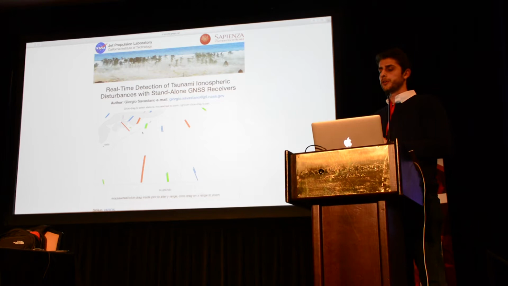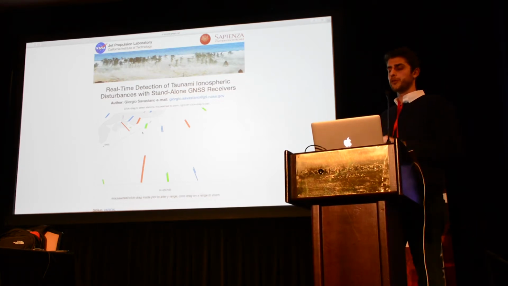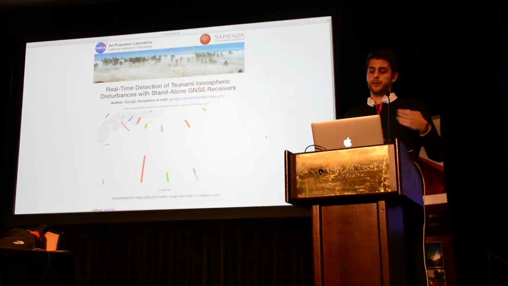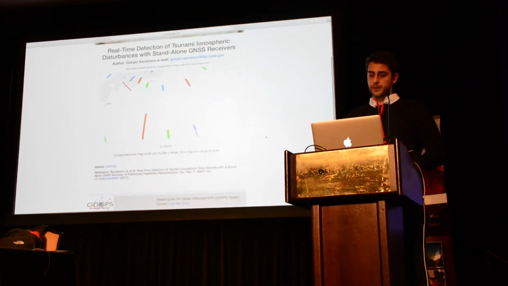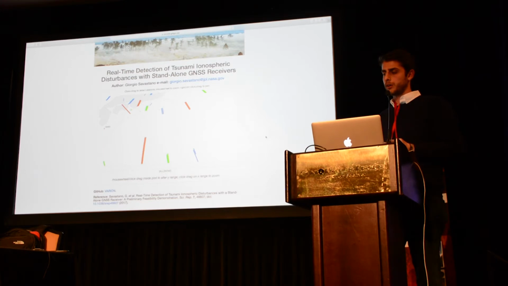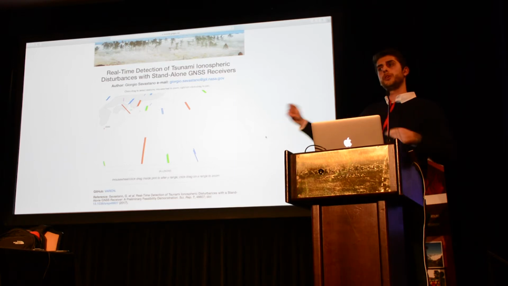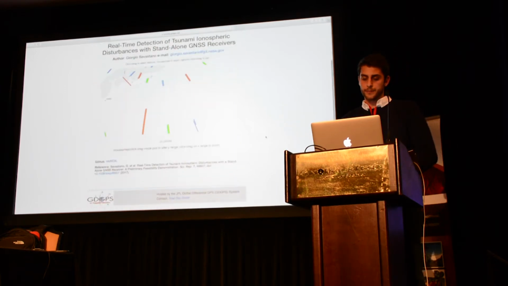Why is that so important? Because as we saw from the previous equation, we have part of the perturbation which is due to the fact that the IPP is moving. And so we have these time series that are less noisy, and they are continuous. We don't have arcs, but we have continuous time series in time.